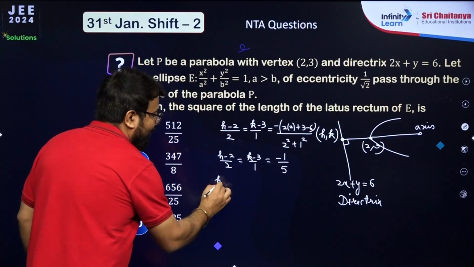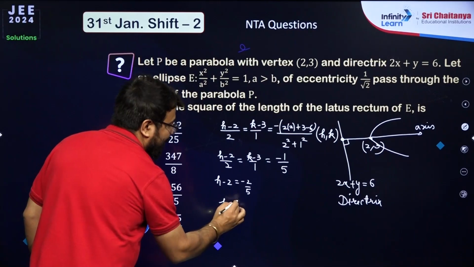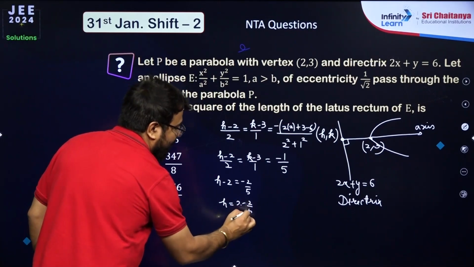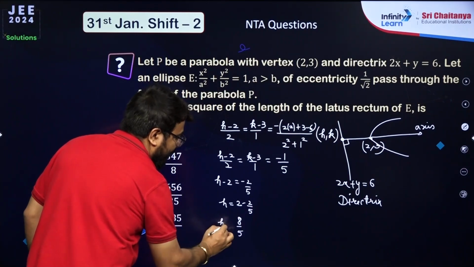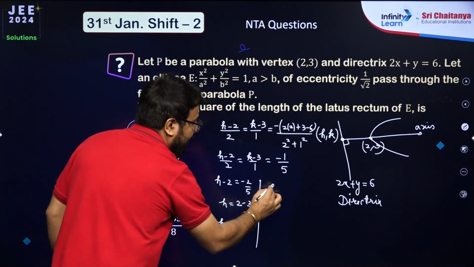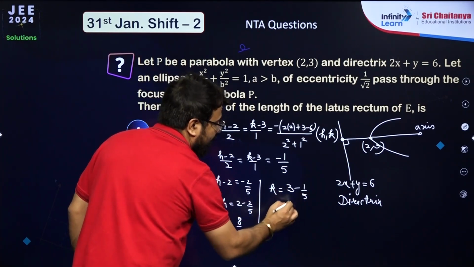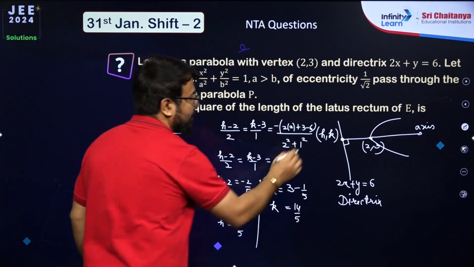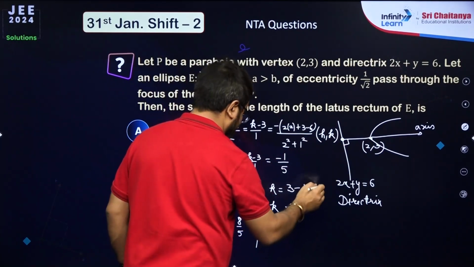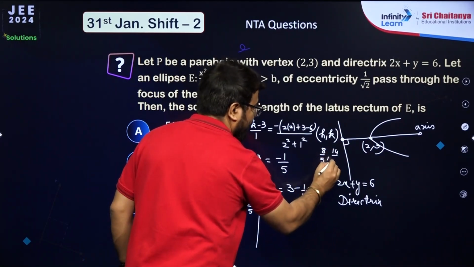So I got the value of h minus 2 as minus 2 by 5, and the value of h will be 2 minus 2 by 5, so that becomes 8 by 5. In the same way, the k value will be 3 minus 1 by 5, so that becomes 14 over 5. I got the foot of perpendicular as 8 upon 5 comma 14 upon 5.